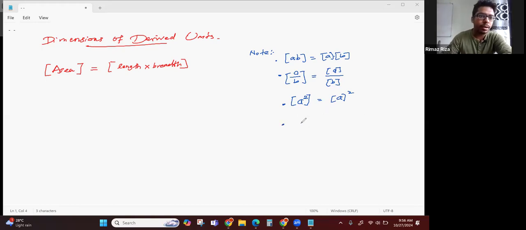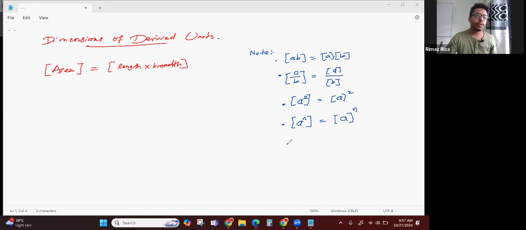And the dimension of A to the power n we can write as dimension of A to the power n.